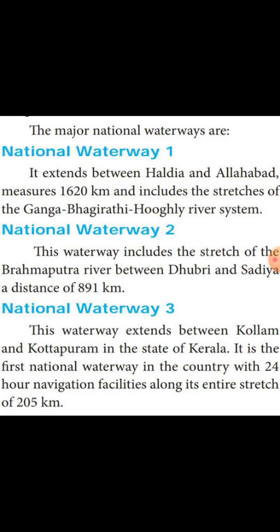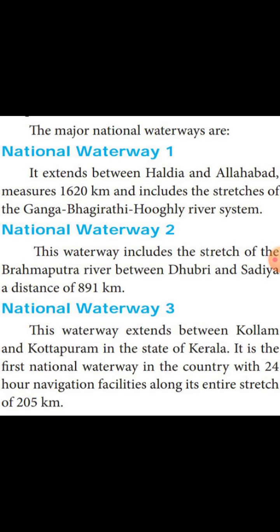It is the first national waterway in our country. Which is the first national waterway in our country? National Waterway 3. Twenty-four hour navigation facilities are there in this waterway. The distance is 205 kilometers.